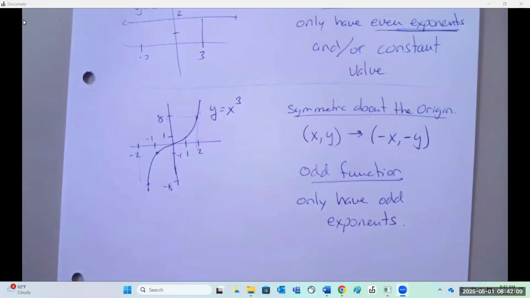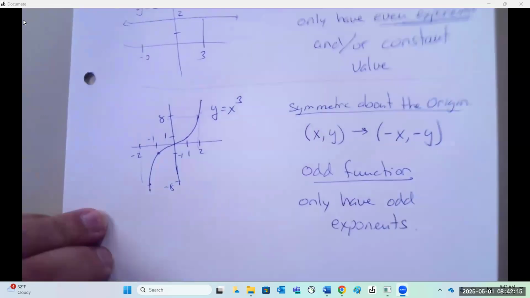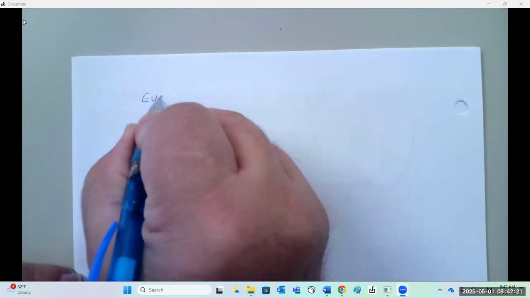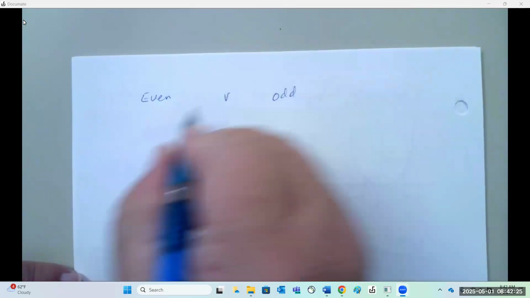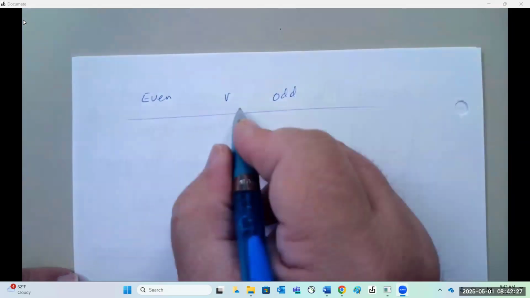Now, what does this have to do with areas? What does this have to do with areas? Even versus odd functions.